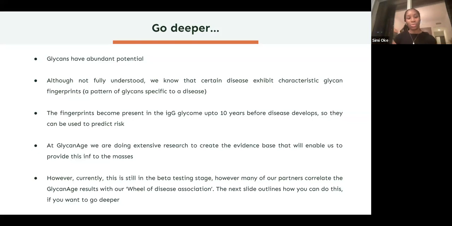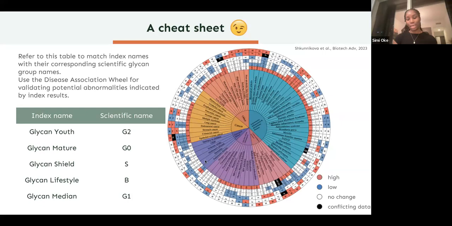But what we do have is this very useful what we call cheat sheet. It's a compilation of all the evidence we have at the moment when it comes to glycans. And we have this sort of table, which gives you information about which glycan means what. So we've given our glycans various names to help them be a bit more digestible and easy to understand, but actually their scientific names are G2, G0, and so on.